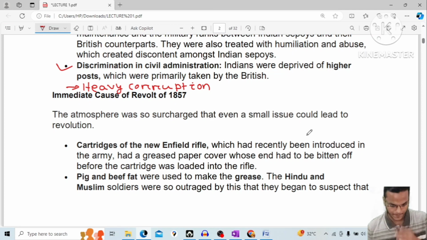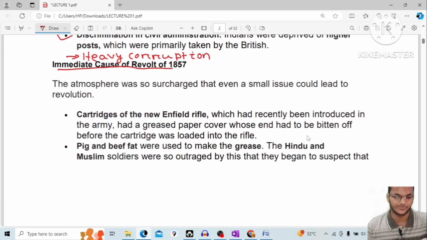Next stage, immediate causes of revolt of 1857. So the immediate cause was the cartridge of the new Enfield rifle.